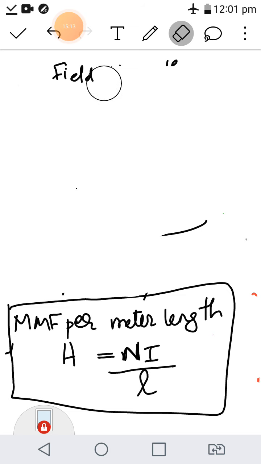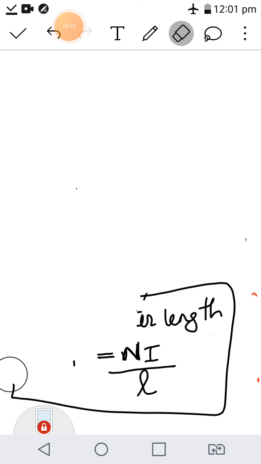Now one other term that we are going to study is different materials. You might have learned that different materials allow magnetic flux lines in a different manner. Wood may not allow the magnetic flux to pass through, but a steel definitely will allow the magnetic lines to pass through it. So based on that, we are going to define another term which is known as the permeability of a magnetic circuit. What is permeability?